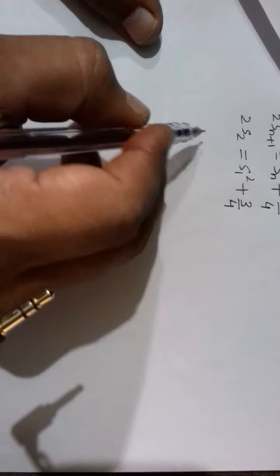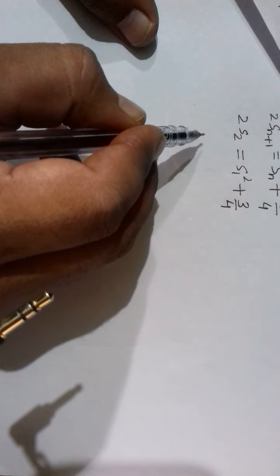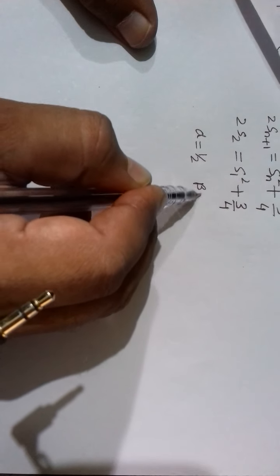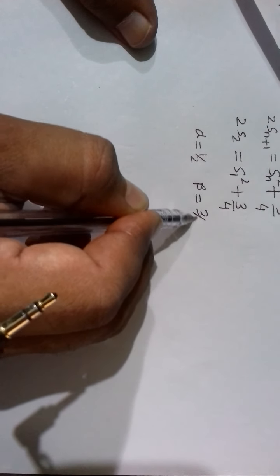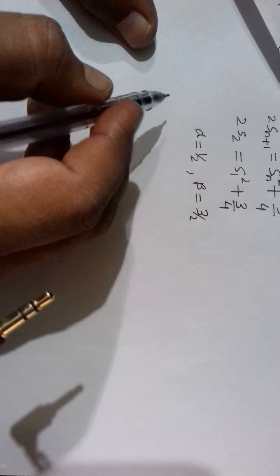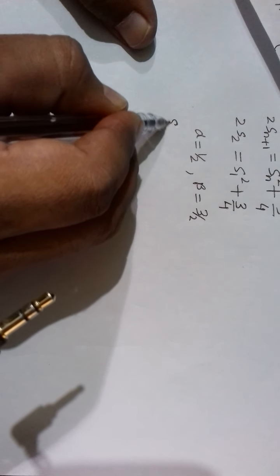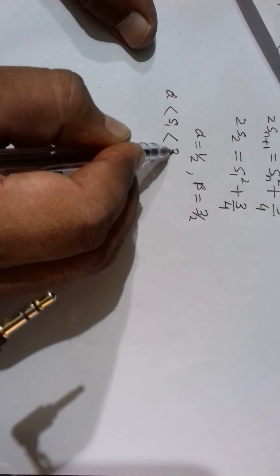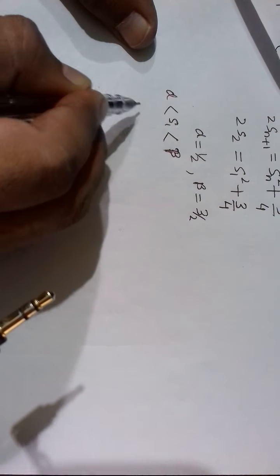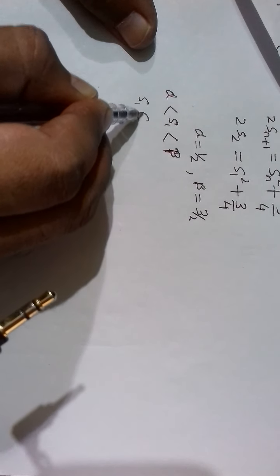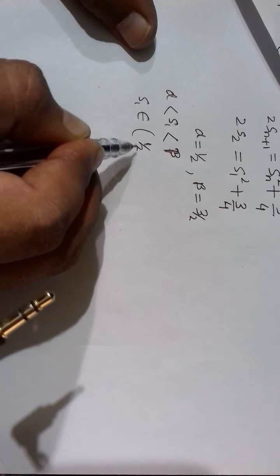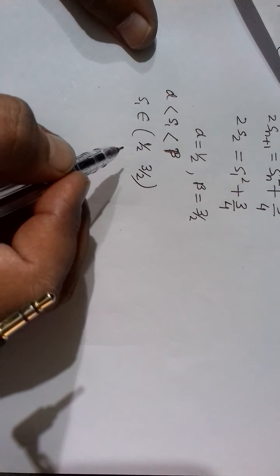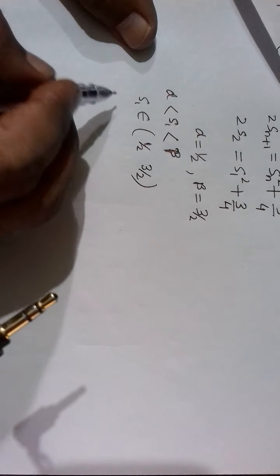Let us find. You can find very easily alpha to be half and beta to be 3 by 2. Now it is given that S1 lies between alpha and beta. This means that S1 lies in this interval, half to 3 by 2.